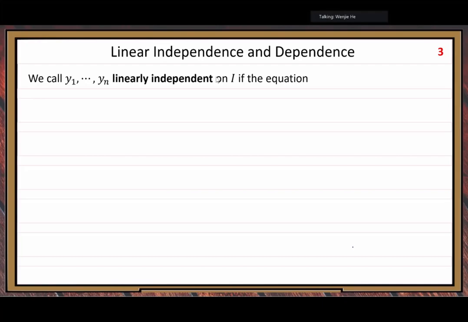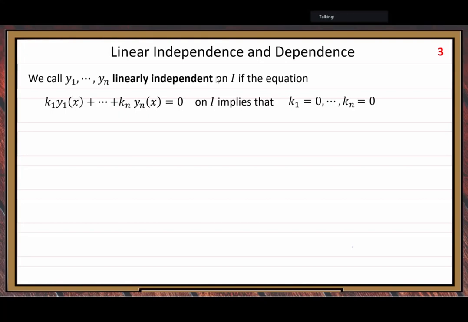We call y1 through yn linearly independent on I if the equation k1 y1 through kn yn equal to 0 on I implies that all the k coefficients must be 0. That's linearly independent.